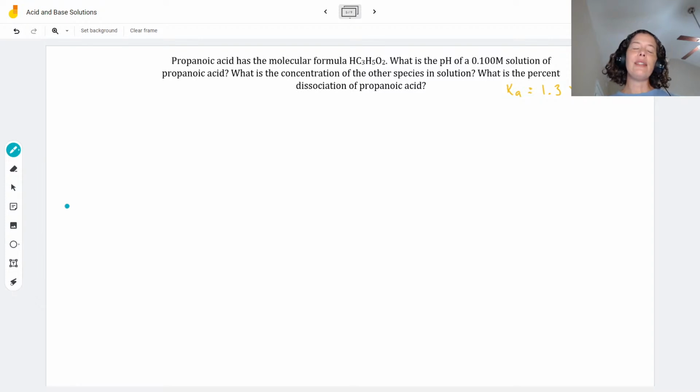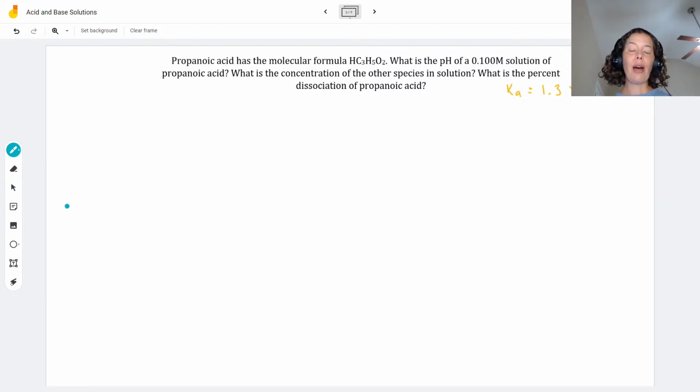I think it's easiest to differentiate between strong acids and weak acids. There aren't that many strong acids, and I find it easiest just to memorize what the common strong acids are. Now, if you're ever in a situation where you really don't know and you're not given a Ka, then looking it up will let you know. If you have a strong acid, it does not have a Ka.